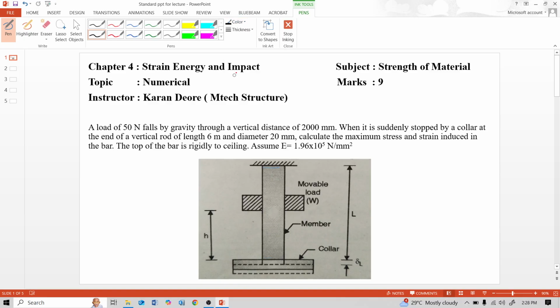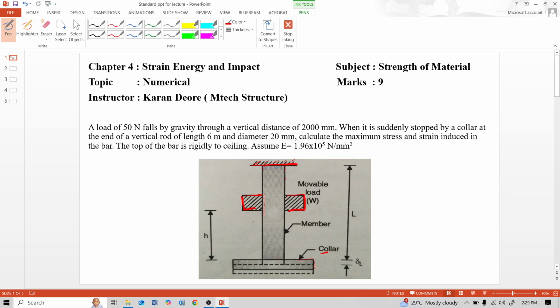So, we will see first the given data in this numerical. First, see this impact load arrangement. This is the member, and this member is at top. It is rigidly fixed to the ceiling, and at bottom it is also rigidly fixed to the collar, and this is the collar, and this is the movable load.